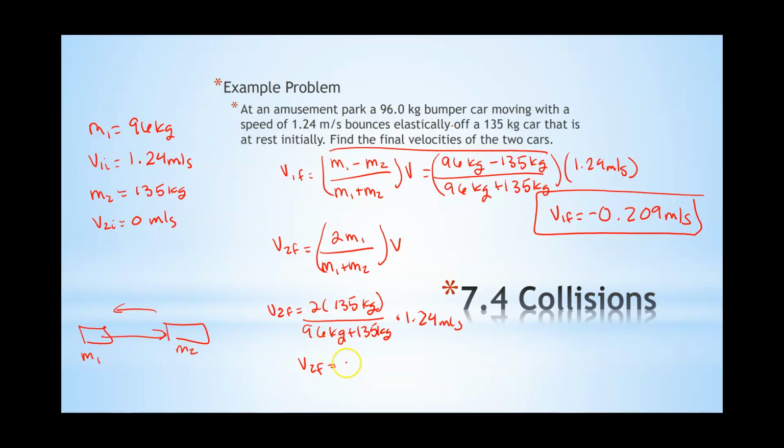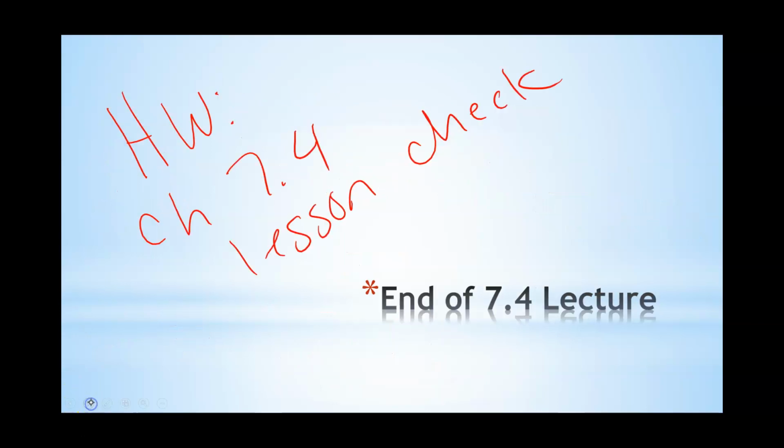And we do get a final velocity of 1.45 meters per second. All right, so that's what we have going on here for that conservation of momentum in an elastic collision.